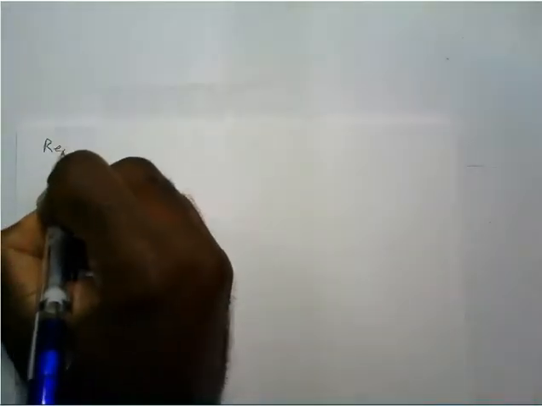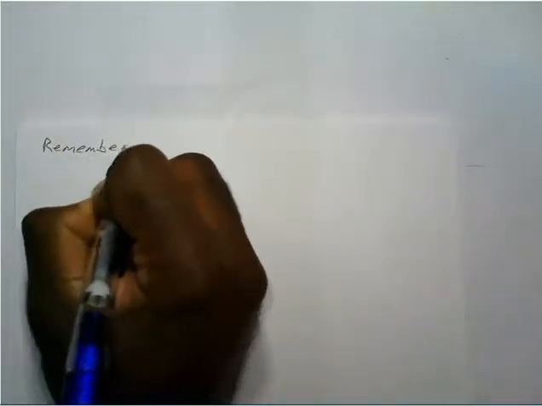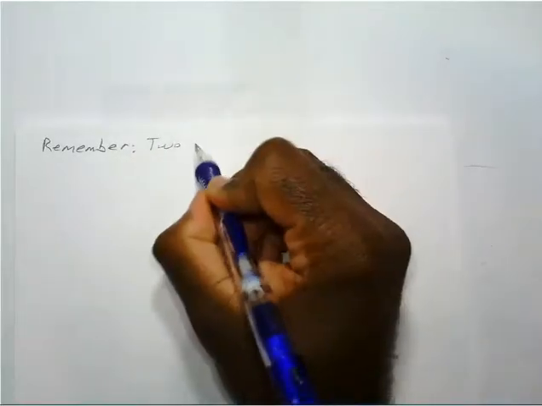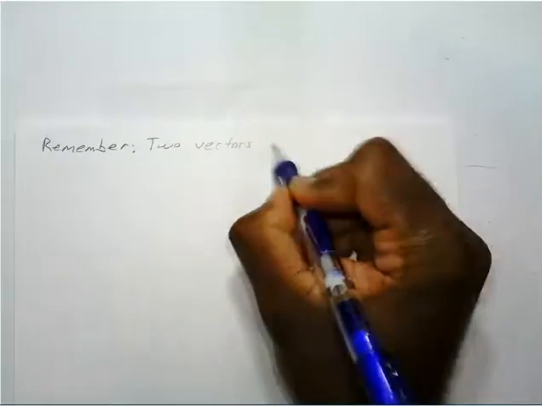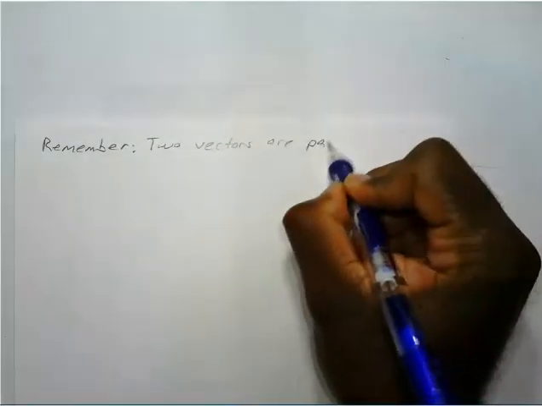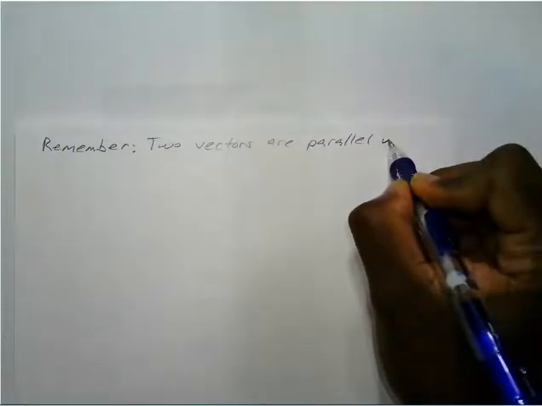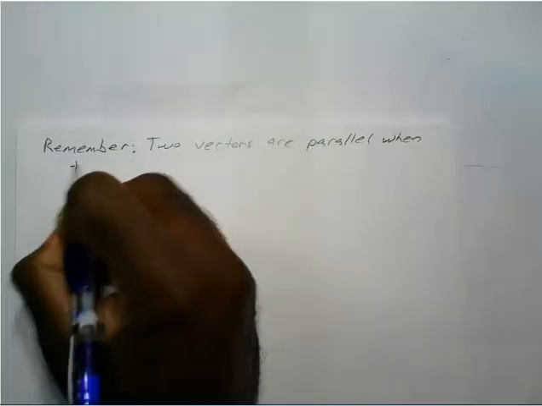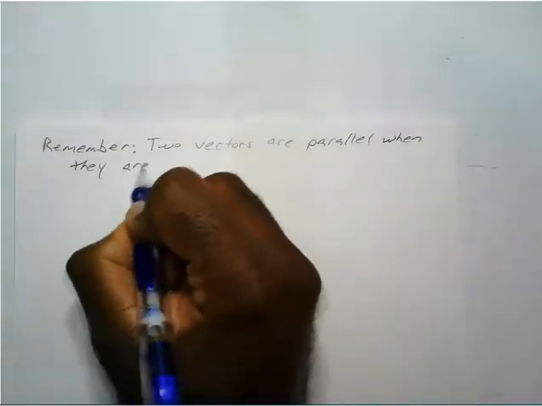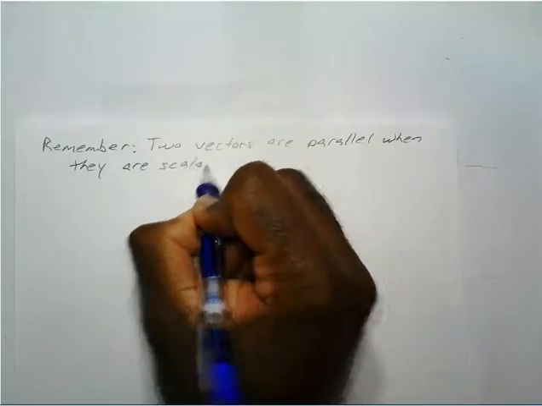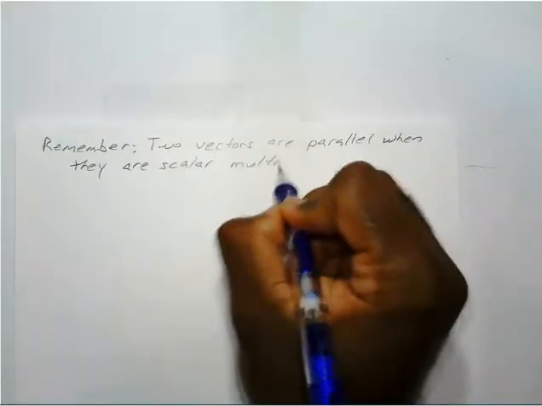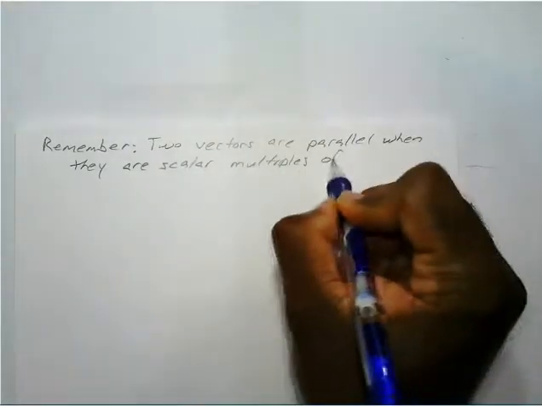Okay, so this goes back, I want you to remember that two vectors are parallel when they are scalar multiples of each other.